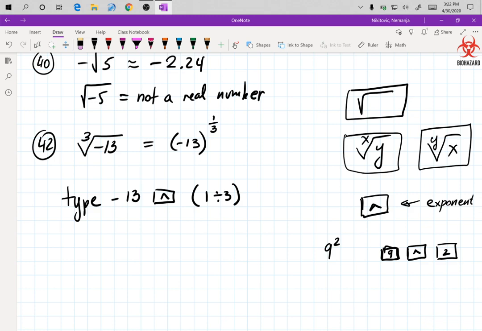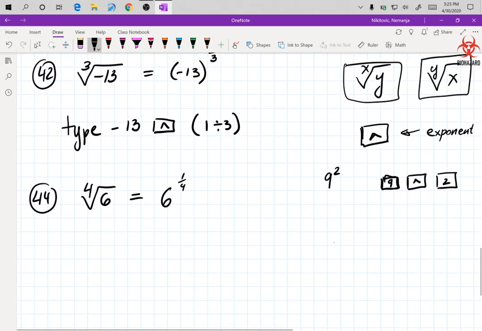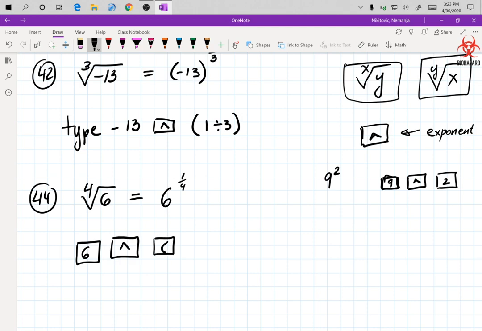So let's see, problem 44 is a 4th root of 6. Let me write first, this is 6 to the 1/4 exponent. In the calculator, you would push 6, push a caret, then open a parenthesis, push 1 divided by 4, and then close the parenthesis.